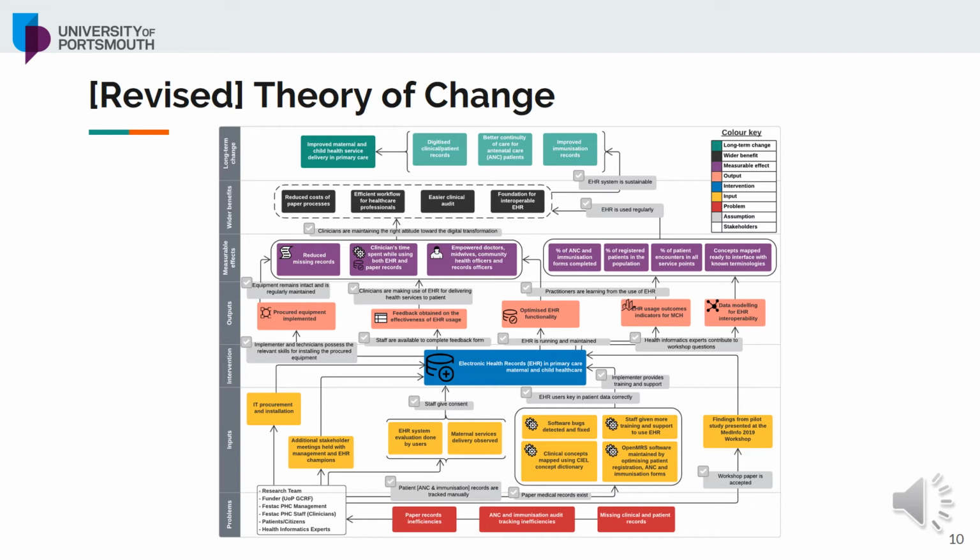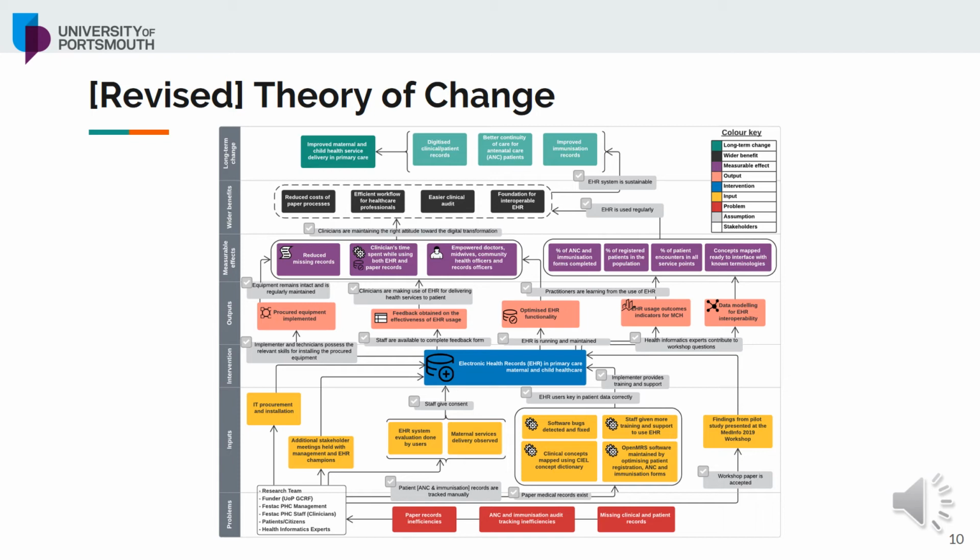Working our way back, we found after stakeholder meetings that their priorities were antenatal care and immunization, and how that helps in audit tracking for mothers that have missed immunization or are defaulting in it.